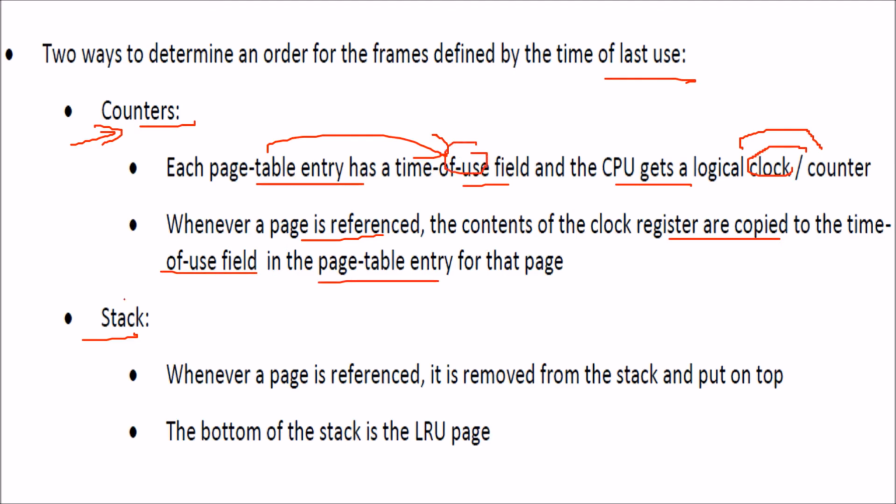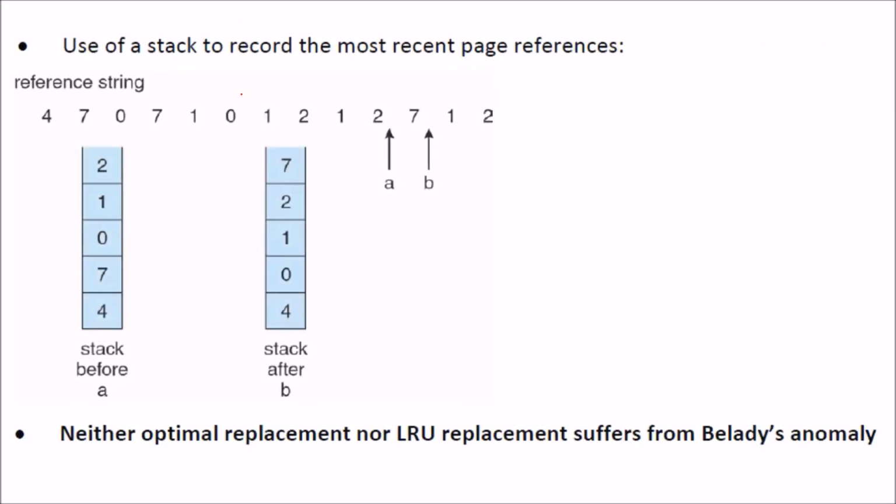If you want to see the stack version, whenever a page is referenced, it is removed from the stack and put on the top. Removed and put on the top. So the bottom one will be the page which is the victim, which has to be removed. So this is how it is done. This is the stack after B. We can use this.